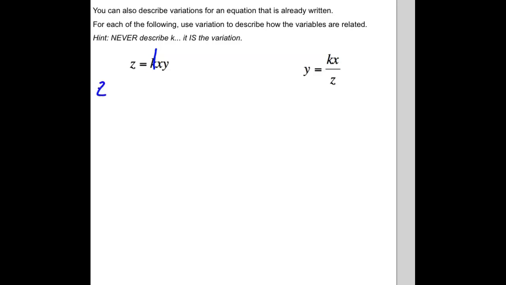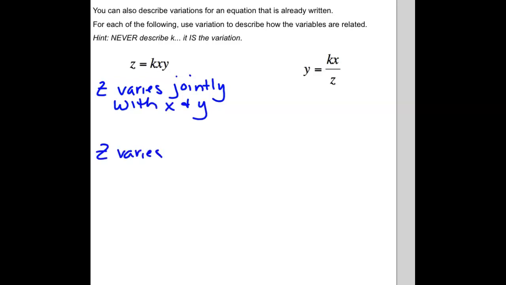So we would write z varies, since it's z equals. So z varies, and since we have an x and a y, both being multiplied to our k value, we can either say jointly with x and y, or we could write this as z varies directly with both x and y.